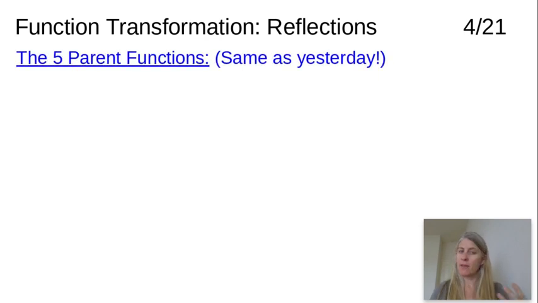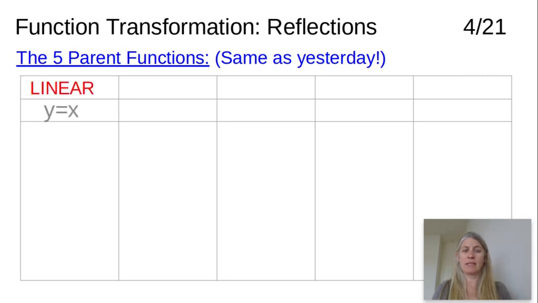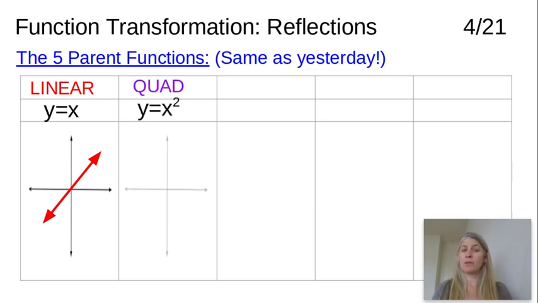So once again, there are the 5 parent functions, which are the same as yesterday, so you don't need to recopy these in your notes because you have them in yesterday's notes. We have the linear, which is y equals x, a line going right through the origin with a positive slope. We have our quadratic, y equals x squared, which is a parabola with the vertex at the origin.